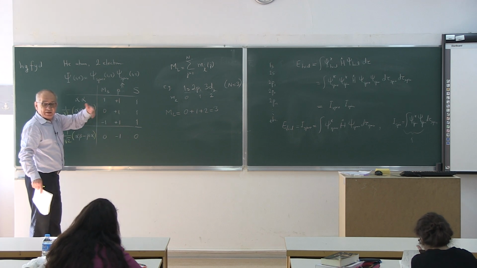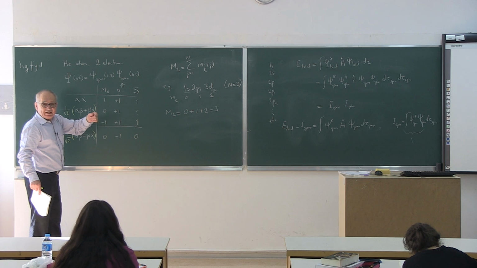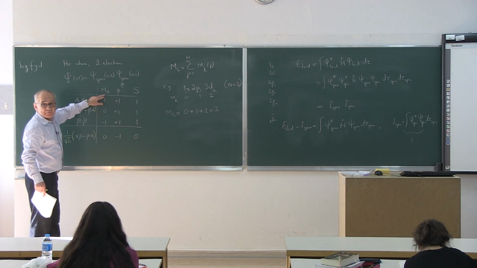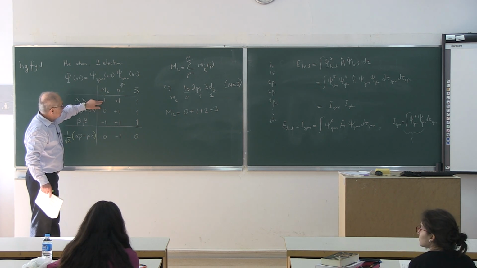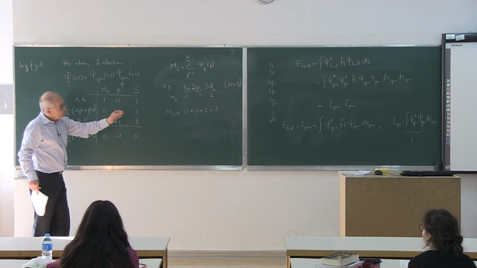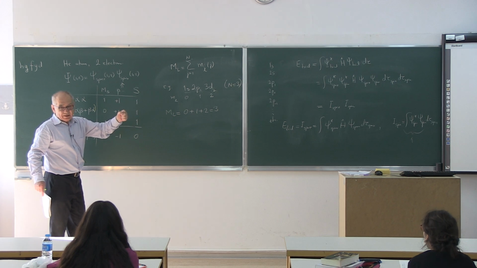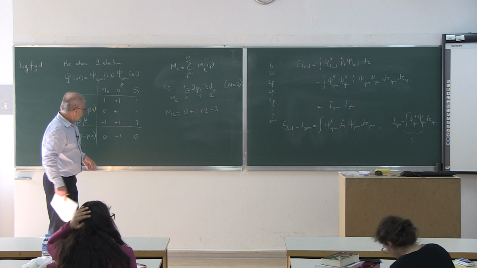So here we have shown explicitly that the energy does not depend on ms value. We have the same energy for ms equals 1 or 0 or minus 1, because they all have the same space function, and the energy is determined by space function.